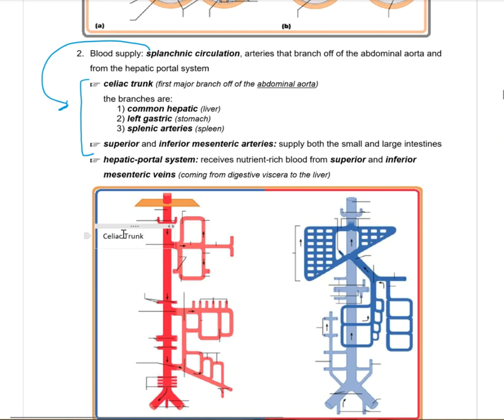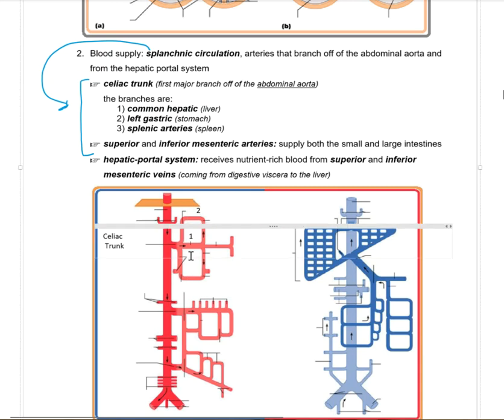Okay. And there are three branches. You have number one. Let's see if I can put it in right here. Number one. Right there, our common hepatic, for it goes to the liver. And then we have above it here, number two, which is our left gastric that goes to the stomach.